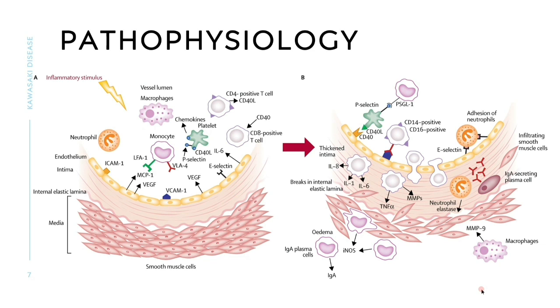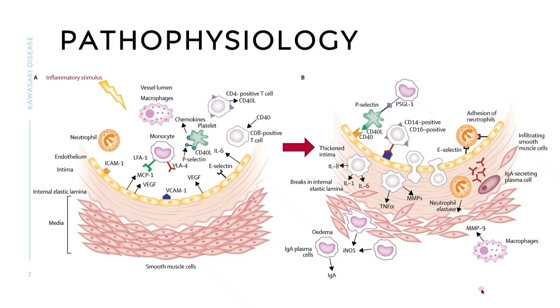This is a very busy and quite scary picture about the pathophysiology. I'm just going to summarize it very briefly. You have the inflammatory stimulus that triggers an excessive immune response. We have all these inflammatory cells rushing towards the endothelium of the blood vessels, releasing inflammatory mediators, namely interleukins 1, 6, and 9, tumor necrosis factors, endothelial growth factors, matrix metalloproteinases 3 and 9, and so on.